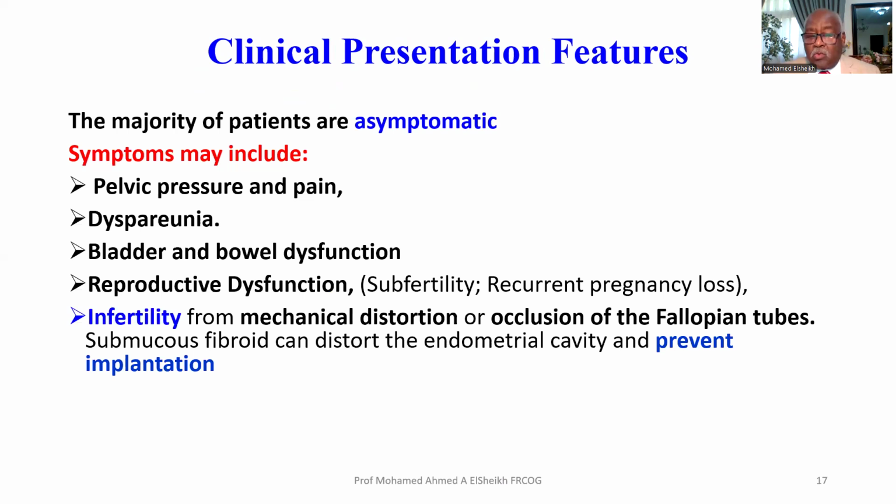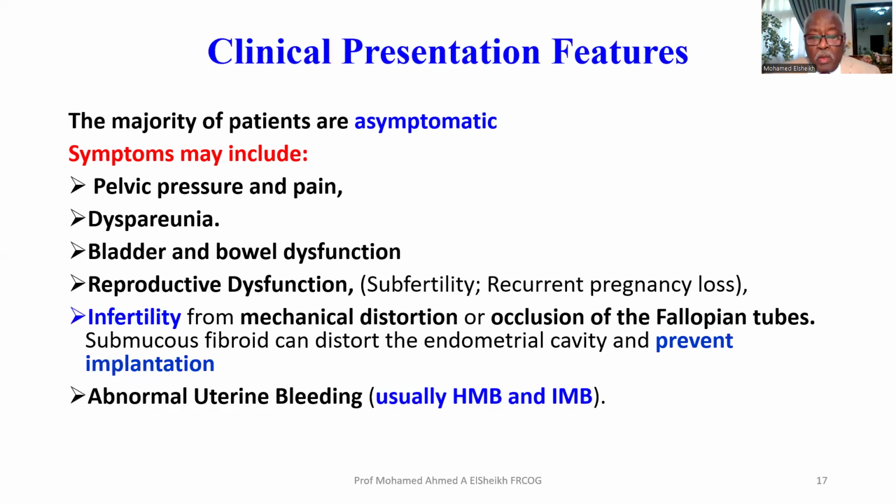Submucous fibroid can distort the endometrial cavity and prevent implantation, either by blockage at the fallopian tubes or by preventing implantation. Abnormal uterine bleeding is the common one, quite usually heavy menstrual bleeding and intermenstrual bleeding.